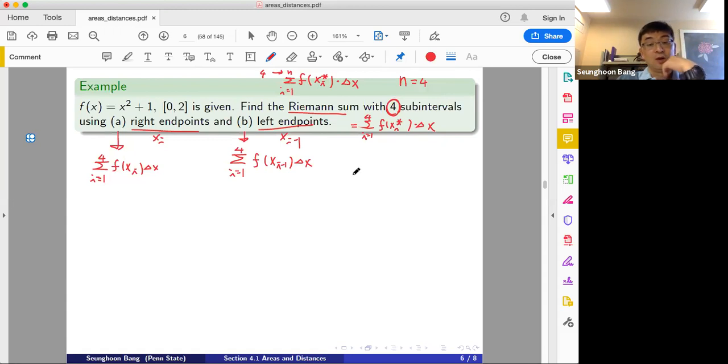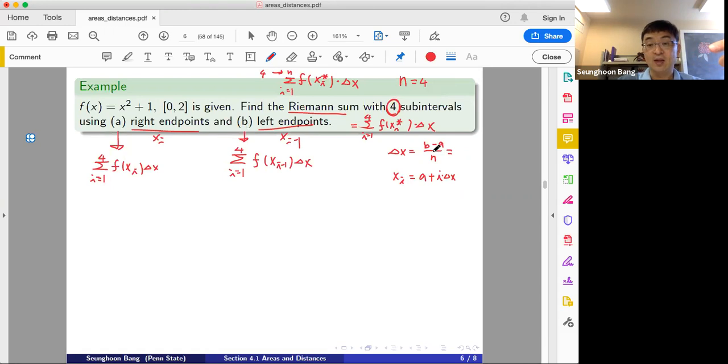What's the best way for finding xi? You can use the formula. What's the formula for delta x and xi? Delta x is exactly b minus a over n.